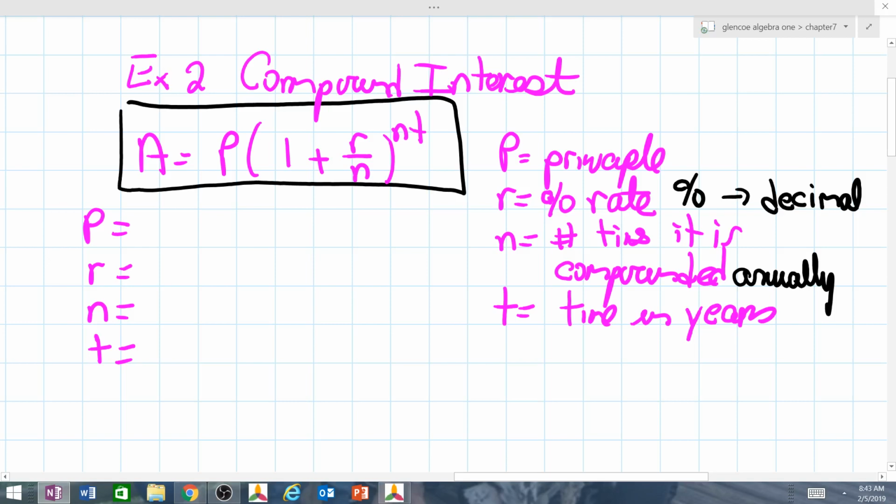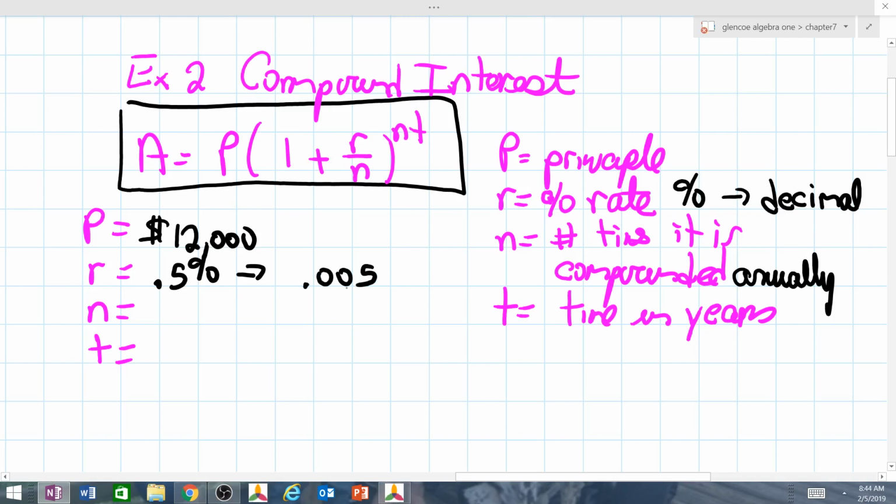All right, so how much money do they have in their savings account? $12,000. What is the interest rate that they're getting? 0.5%, and that has to be changed to a decimal, which would be what, guys? 0.005.